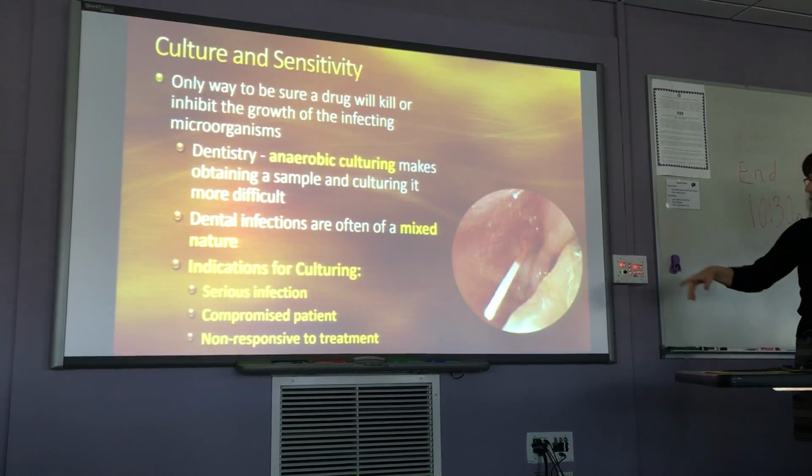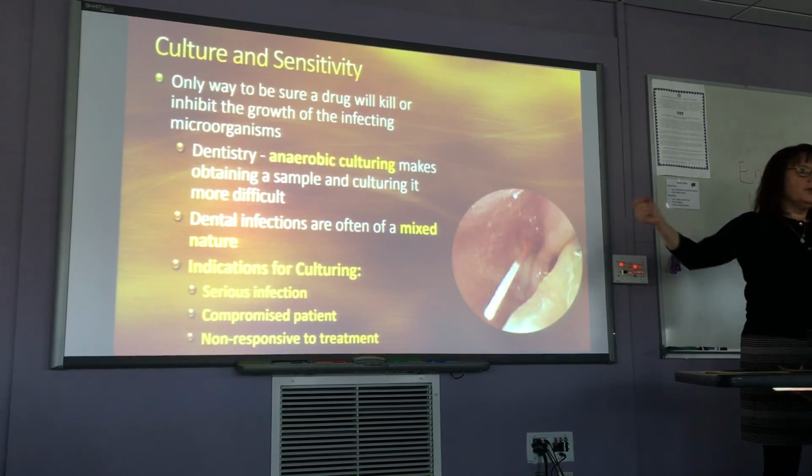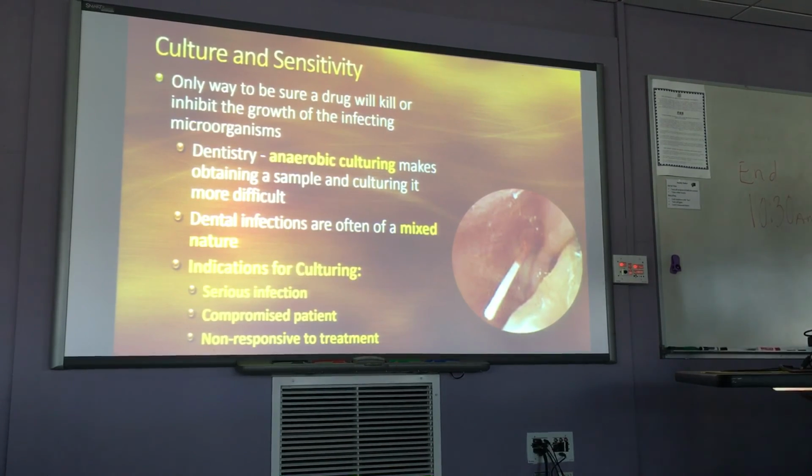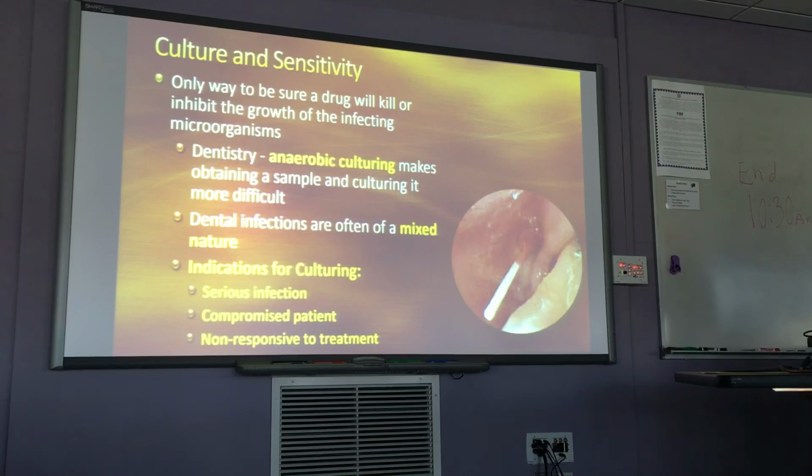As you can see here, that's actually a paper point which is put into an infection, and we will then do anaerobic culturing by going into a very deep pocket or into a pustule that's formed from a dental infection, and we will then put that onto a slide. There are little kits you can get and send that off. In some offices, they actually put them under a microscope and look at them.